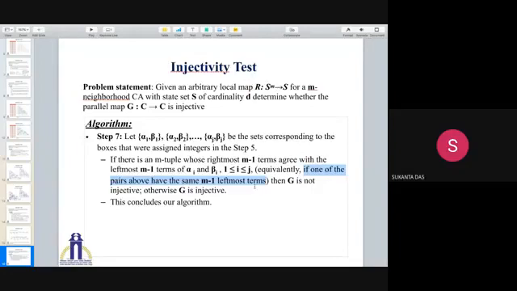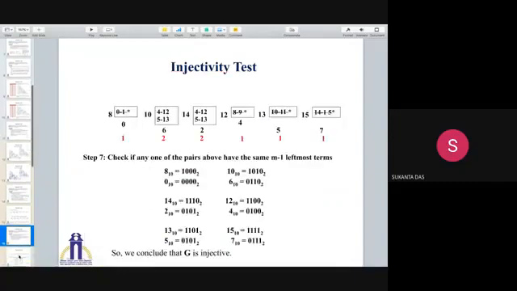Why is it so? What does it mean? Consider any alpha 1, beta 1. Let me give the example first, then I'll explain. Here we have 8, 0, right?